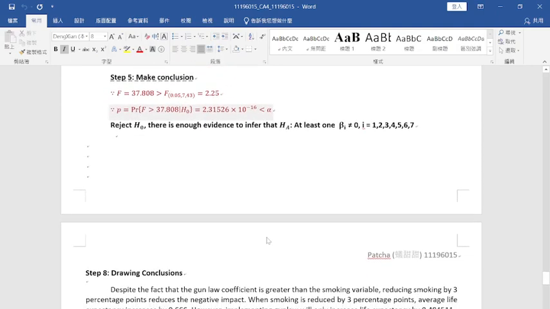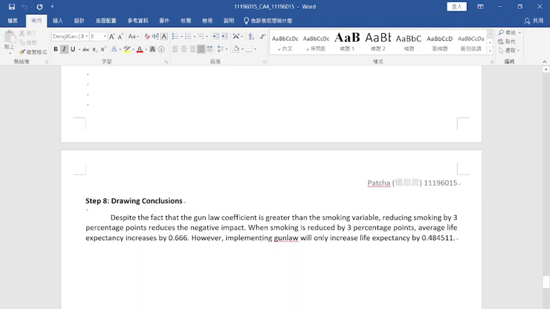For the last step, although the gun law coefficient is greater than the smoking variable, reducing smoking by 3 percentage points reduces the negative impact.